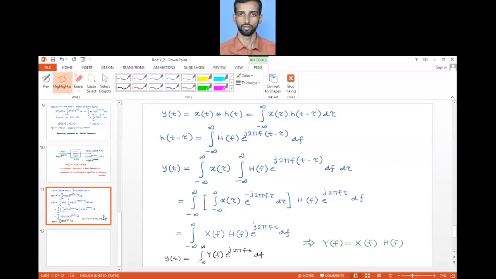Before I conclude, I would like to mention that the Fourier series and Fourier transforms are particularly a visualization of the signal from quite a different perspective. We are observing the signal not from the time domain perspective, but from the frequency domain perspective. With this, I would like to conclude this lecture.